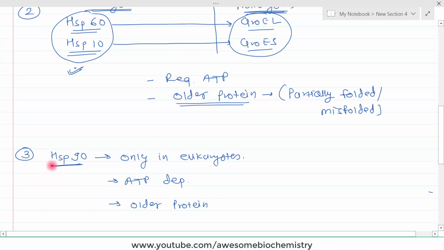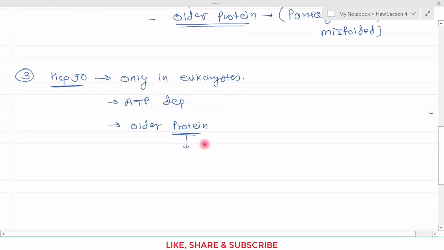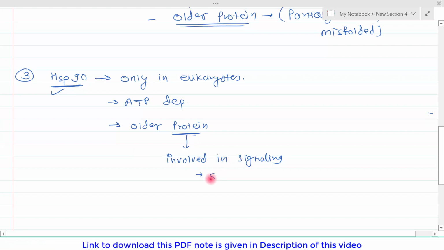But it is observed that HSP90 does not work on all older proteins; it has a special taste. HSP90 brings about folding of only those proteins which are involved in signaling. There are two examples of proteins involved in signaling that are properly folded by HSP90. The first example is steroid hormone receptor, and the second example is receptor tyrosine kinase.